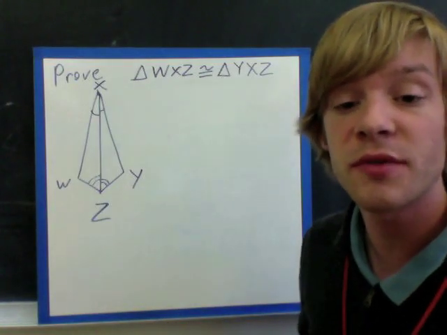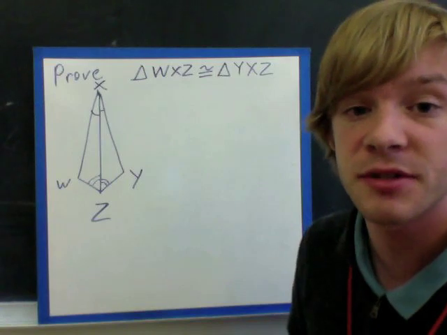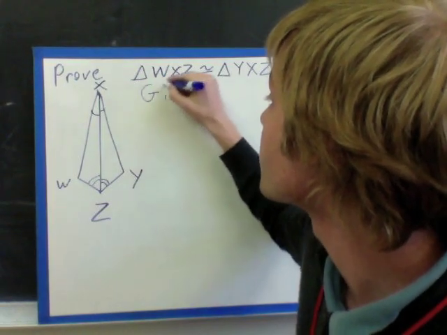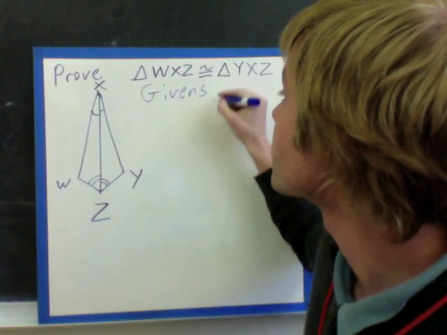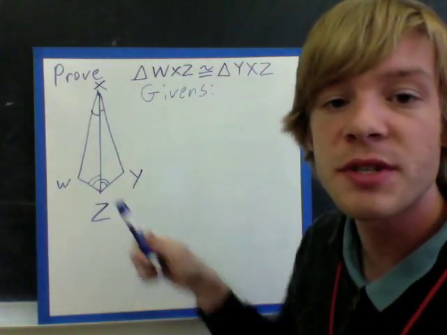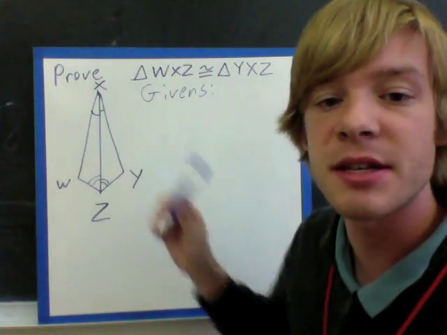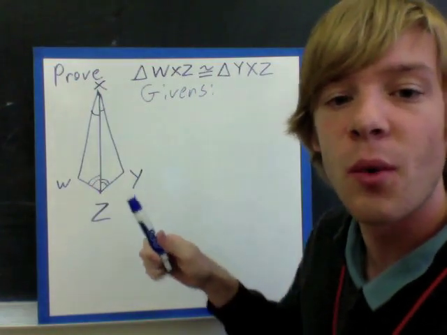So, as with all of these problems, we want to start out by writing our givens. So first off, we said those top two angles are congruent, so this would be angle WXZ is congruent to angle YXZ.